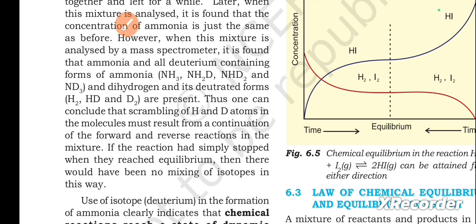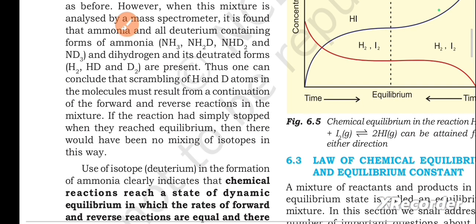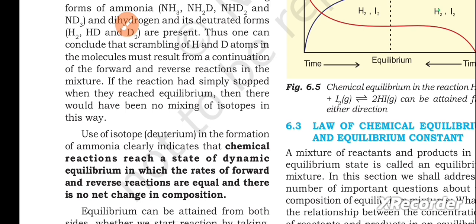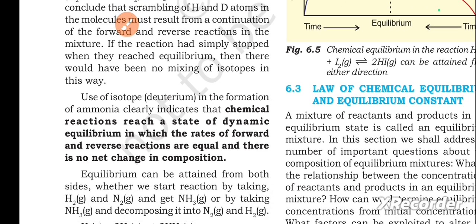Thus, one can conclude that scrambling of H and D atoms in the molecules must result from a continuation of the forward and reverse reactions in the mixture. If the reaction had simply stopped when they reached equilibrium, then there would have been no mixing of isotopes in this way.